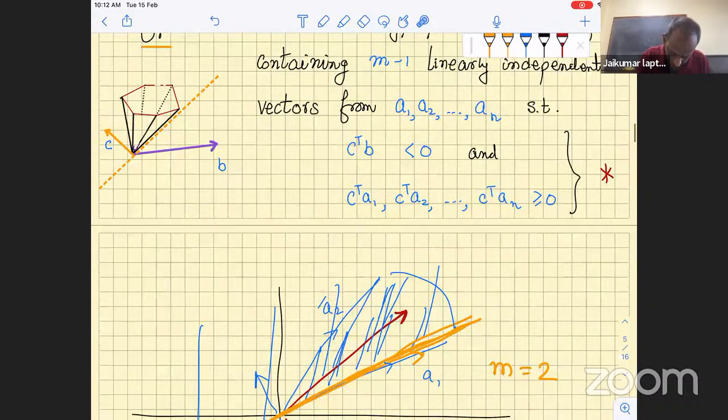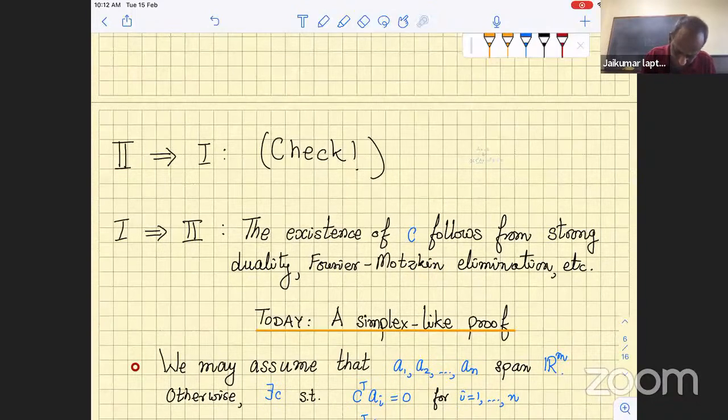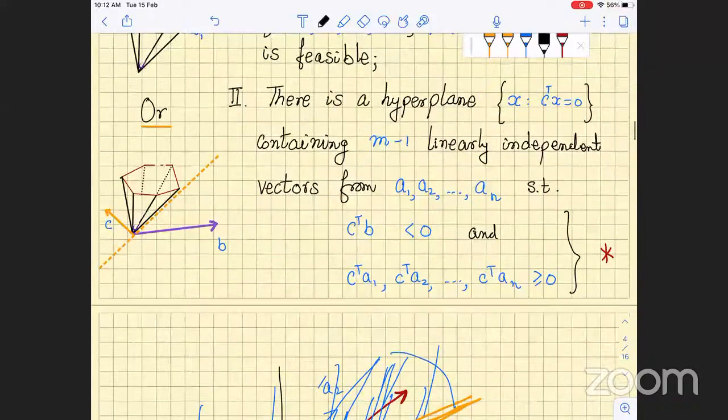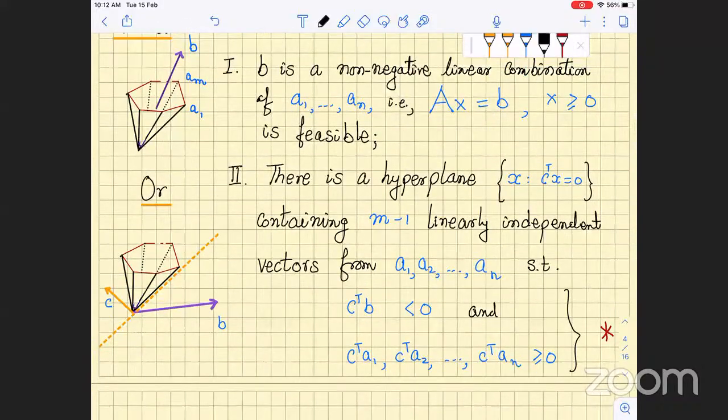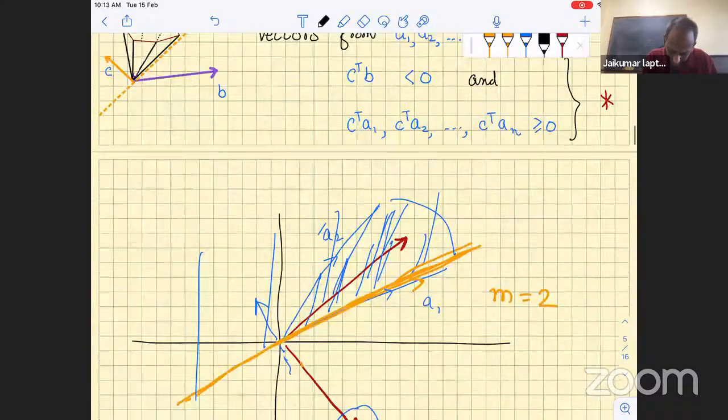So suppose one is true, then two cannot be true. Is this what you said? Yes. If there is a vector here, there is no way you can separate it from this. So this is like weak duality.